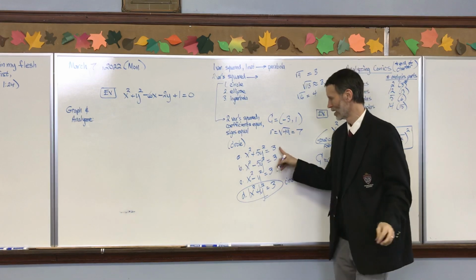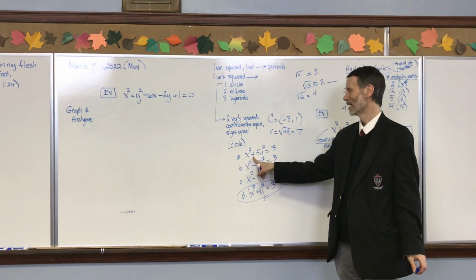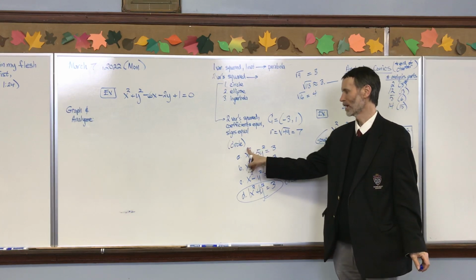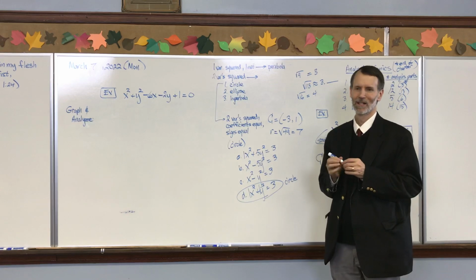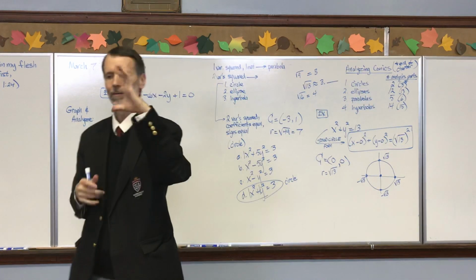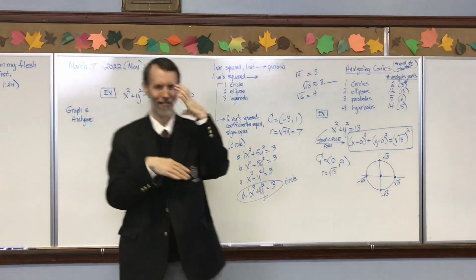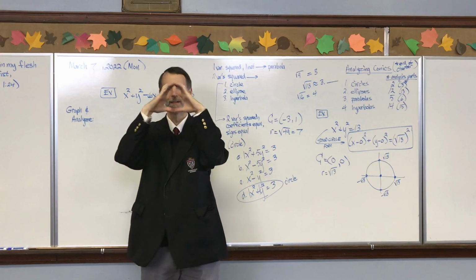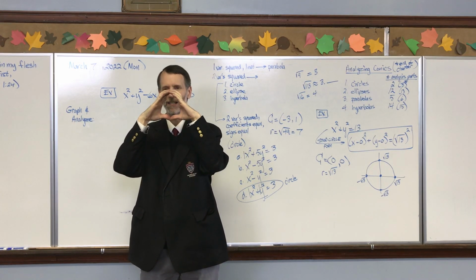Speaking of which, this one on top, they're added, they're both squared, coefficients are different. I'll give you a little hint, you're not supposed to know this yet. But there are two halves of a circle, depending on how you split it. I'll say left half, right half. If you subtract instead of add, it's kind of a visual thing.